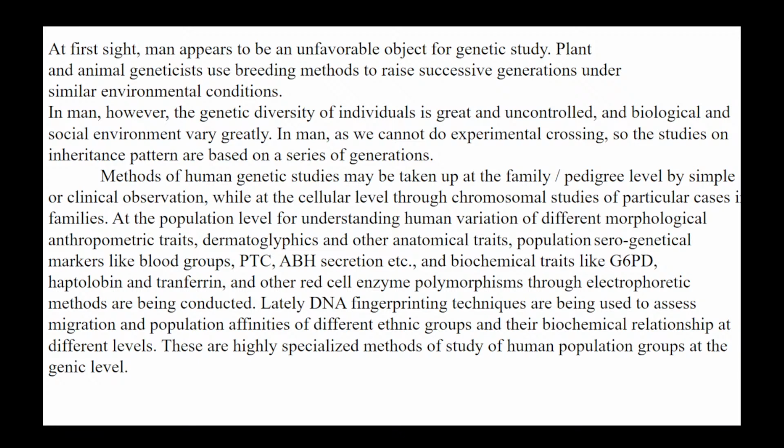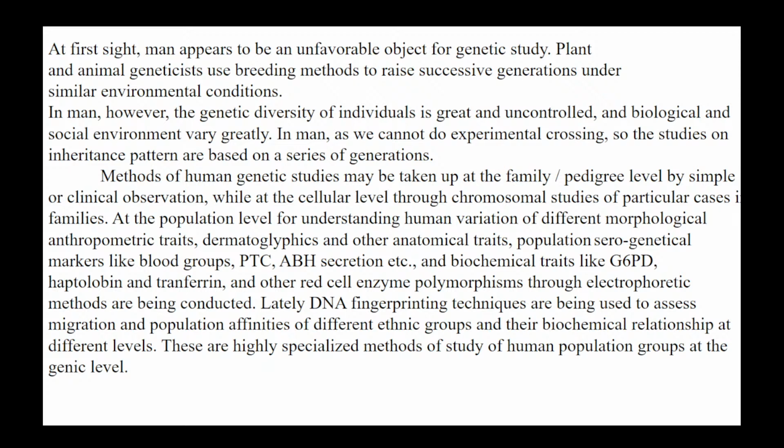People mostly have a small number of offspring, and a long time for the next generation is characteristic of people too. So all these features make studying human inheritance very difficult.